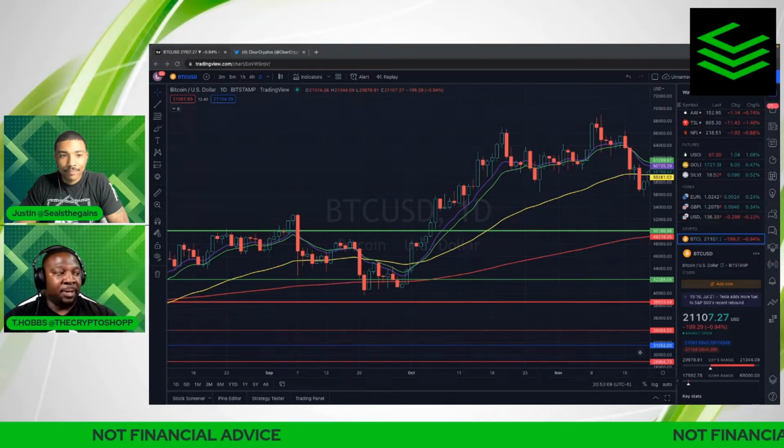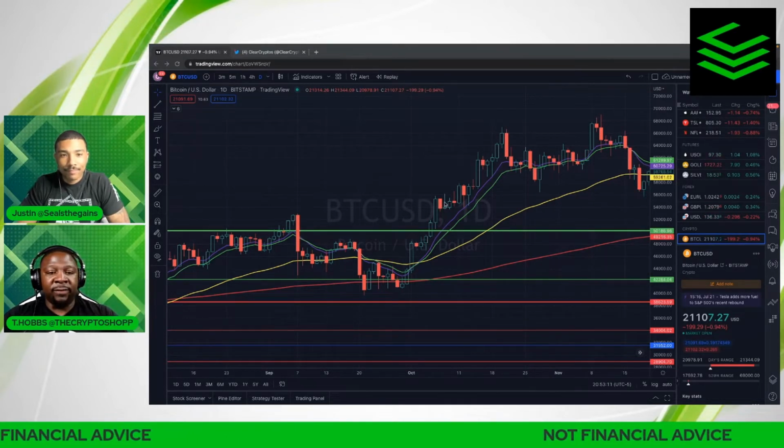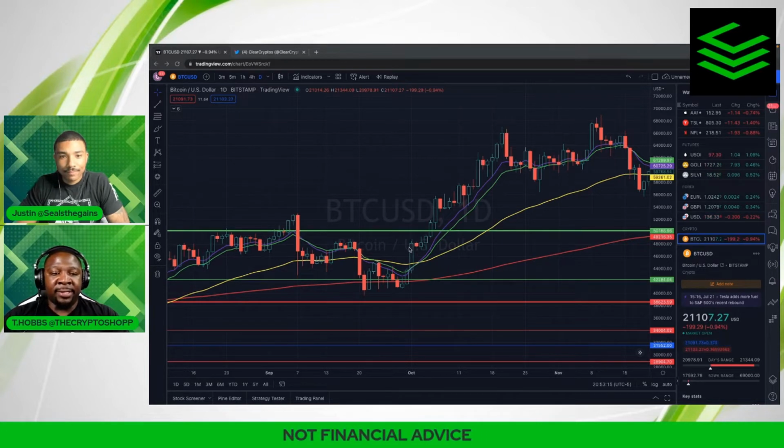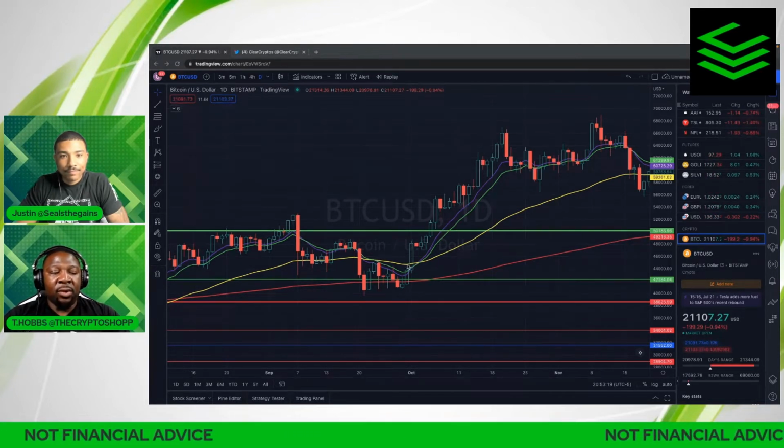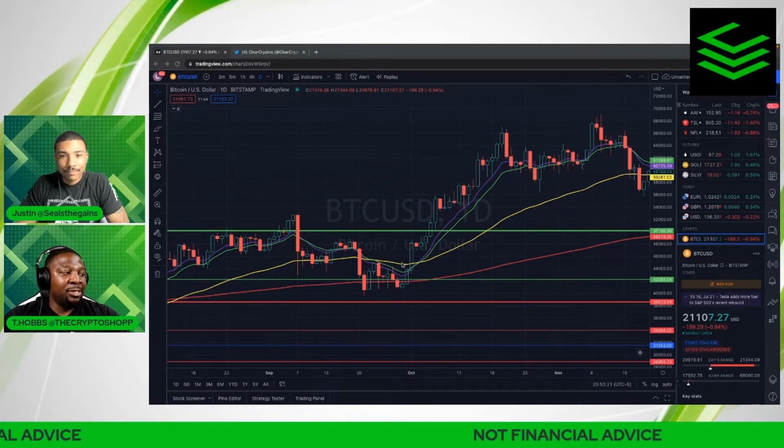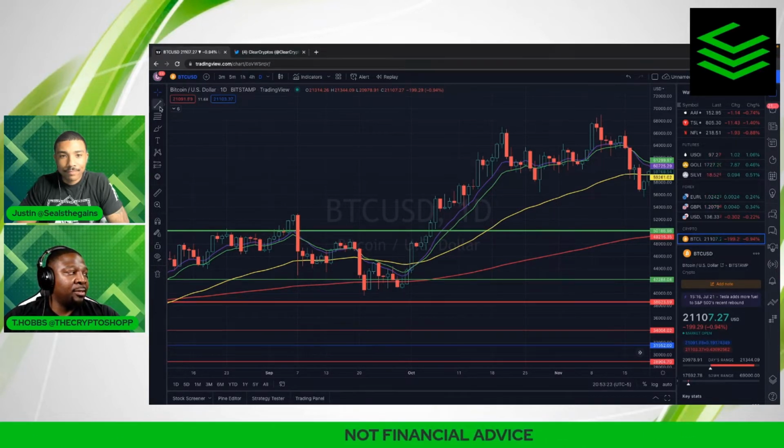Just my opinion. Now, the things you're looking for in this particular chart are what we like to call higher highs, higher lows. That's the first thing you want to identify. What does that mean? I'll use this trend line here just because it's easy to illustrate.